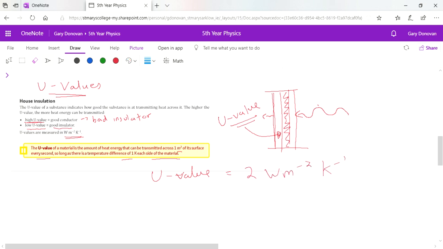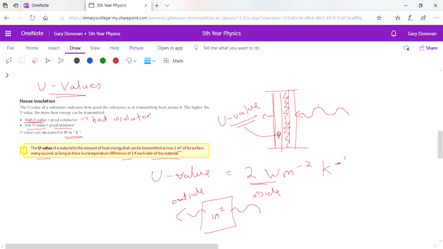What that means is, let's say that wall is exactly 1 meter squared. Every second, 2 watts of energy can move from the inside to the outside. 2 watts of energy, or 2 joules every second, for every 1 meter squared.